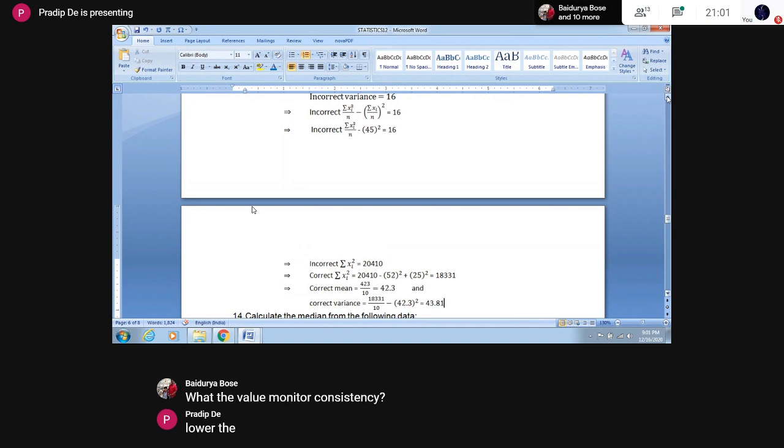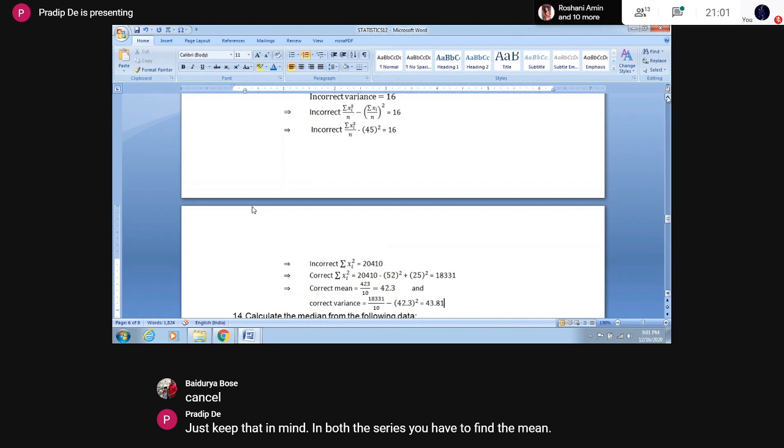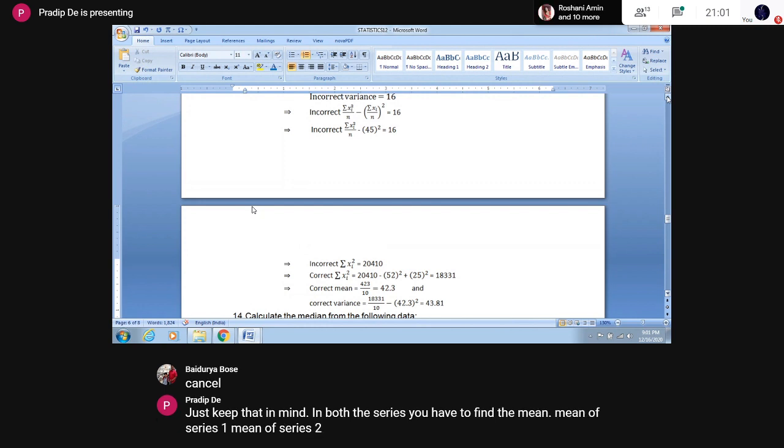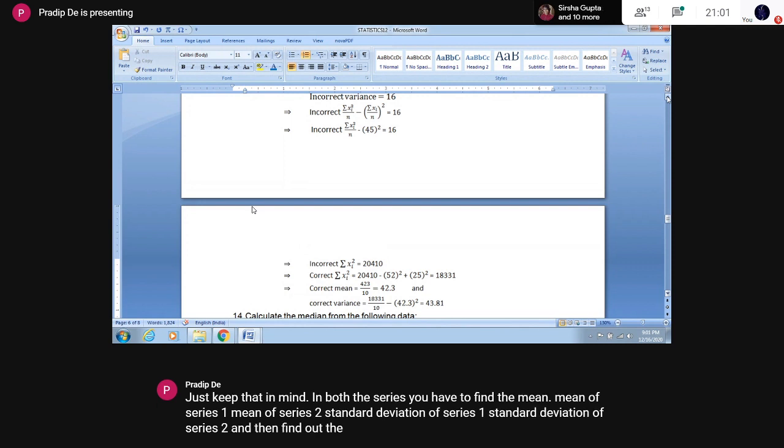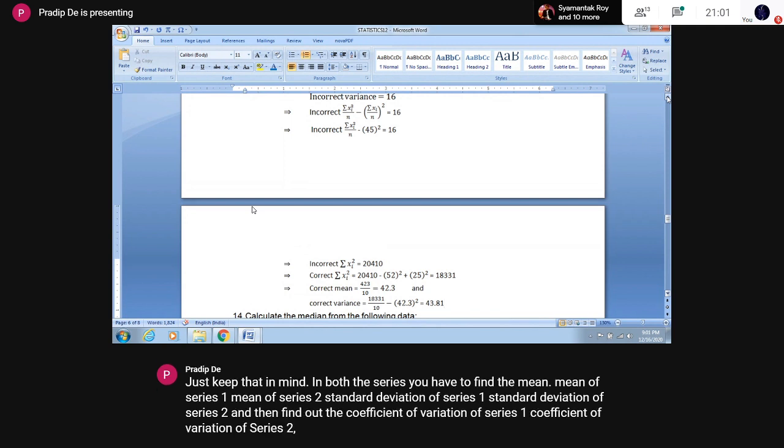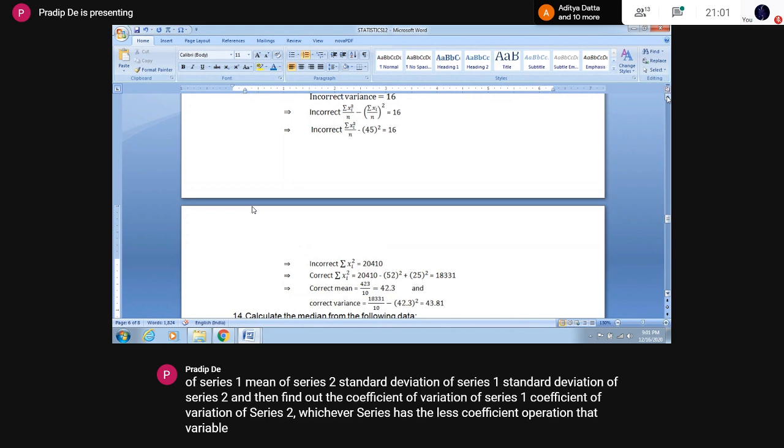Lower the value of CV, the coefficient of variation, higher is the consistency. Just keep that in mind. In both the series, you have to find the mean of series 1, mean of series 2, standard deviation of series 1, standard deviation of series 2, and then find out the coefficient of variation of series 1, coefficient of variation of series 2. Whichever series has the less coefficient of variation, that variable is more consistent. So there are applications like this.